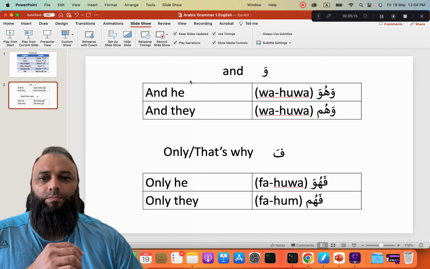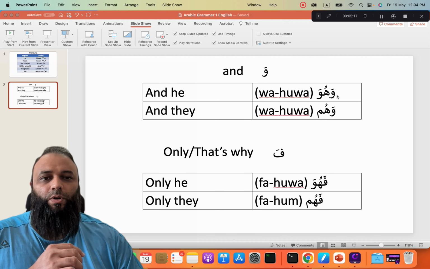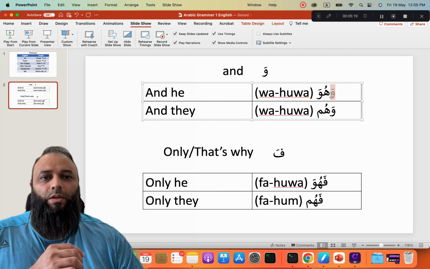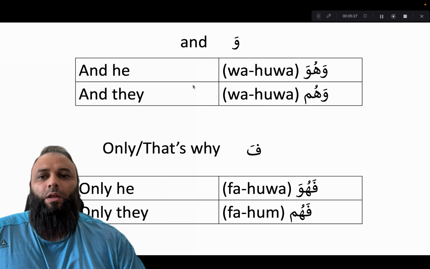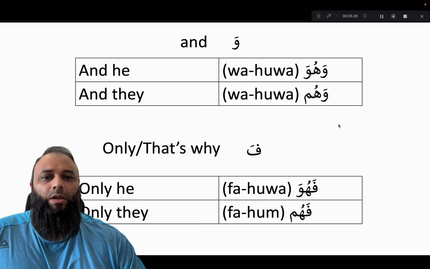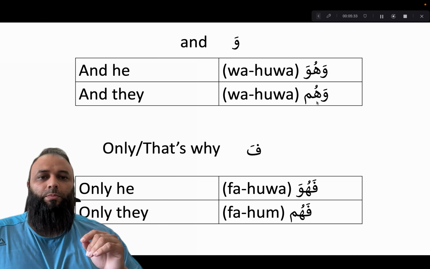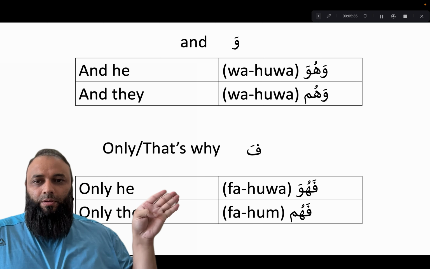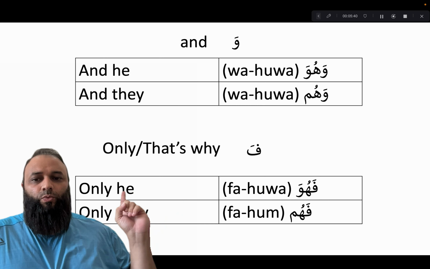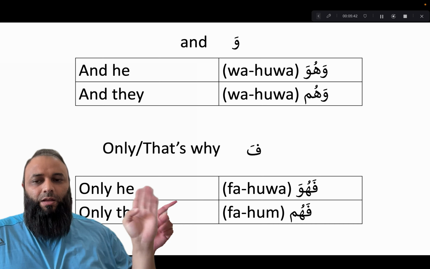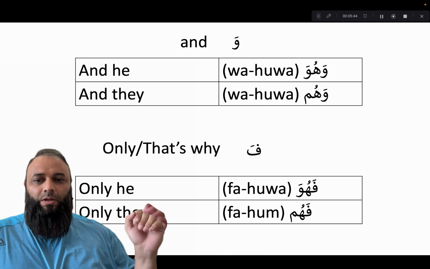Wa huwa, and he. And then you have wa hum. Wa hum means and them or and they, right? So wa huwa means and he, wa hum means and them, okay?